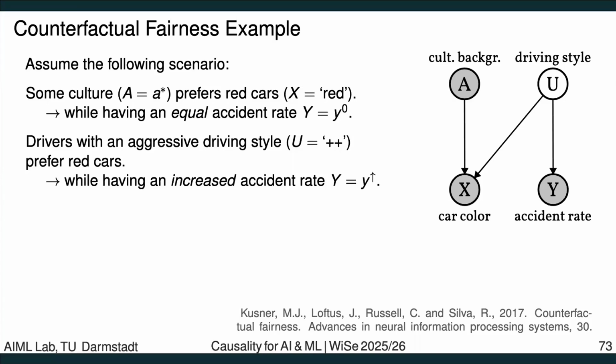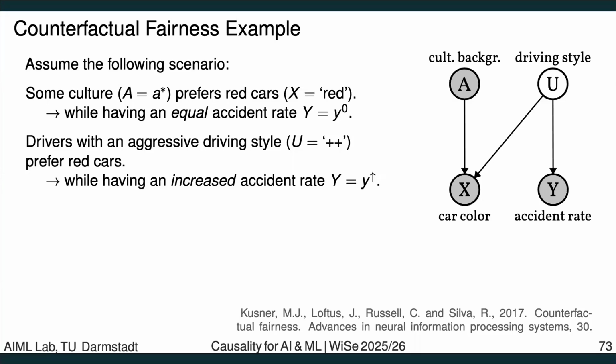And by conditioning on the car color, we now open this collider. So our model might take the car color as an indicator for driving style, or maybe in a regression, even though we have the driving style, it also takes in the car color and punishes red cars with an extra penalty.